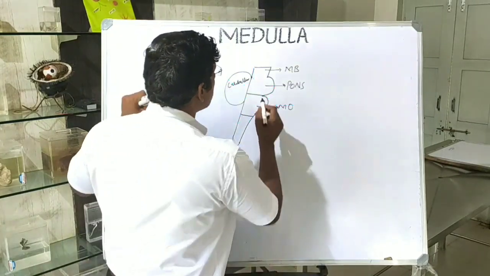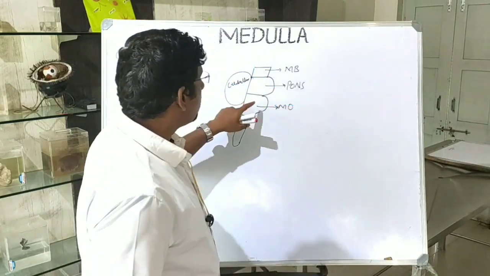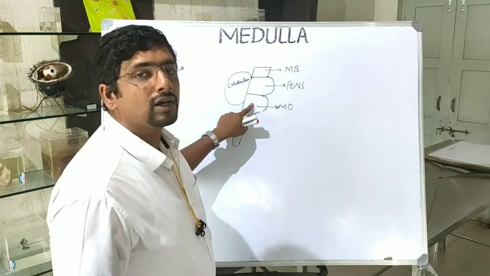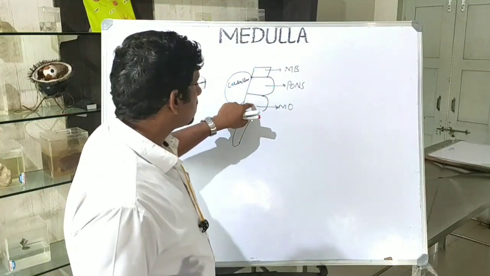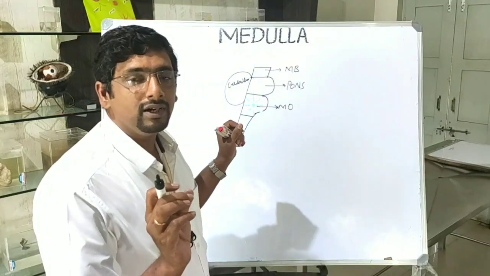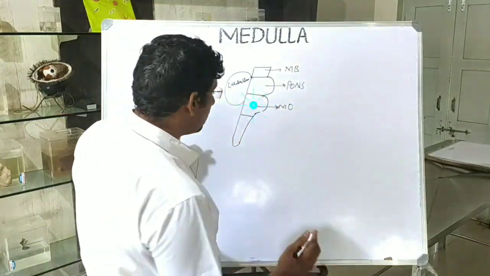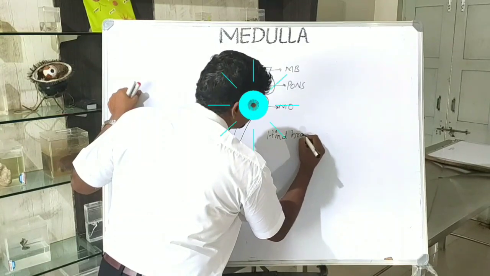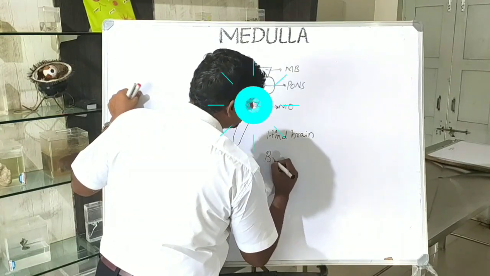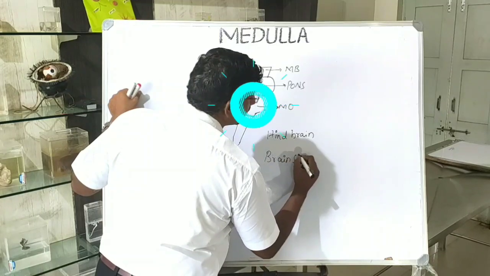The medulla is actually the caudal part of the hindbrain. We have two terms here, the hindbrain and the brainstem, right?